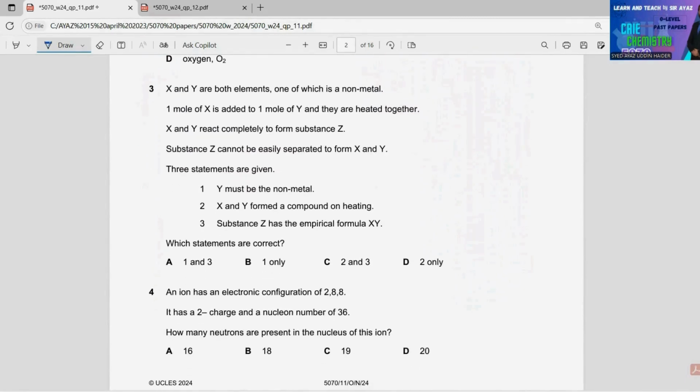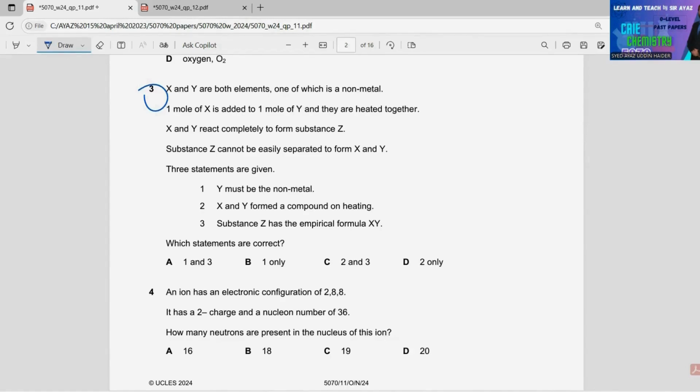Moving to the next question, which is question number 3. X and Y are both elements, one of which is a non-metal. 1 mole of X is added to 1 mole of Y and they are heated together. X and Y react completely to form substance Z. Substance Z cannot be easily separated to form X and Y. 3 statements are given. 1.